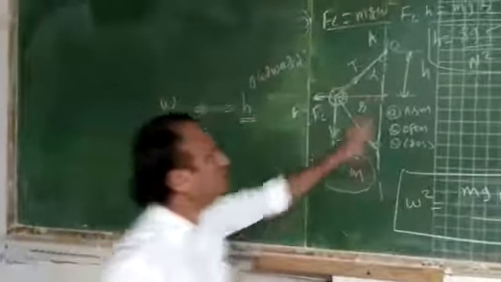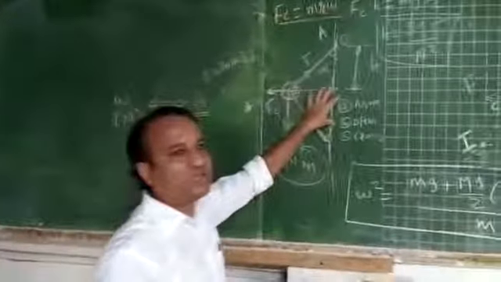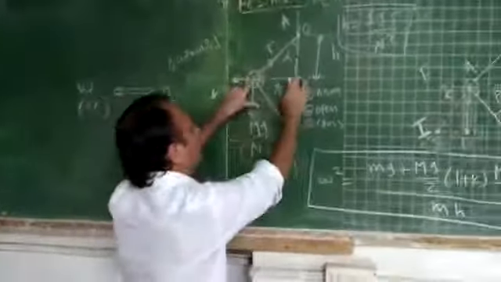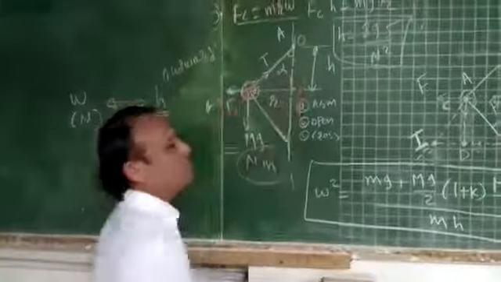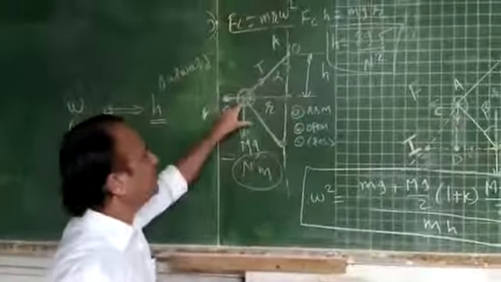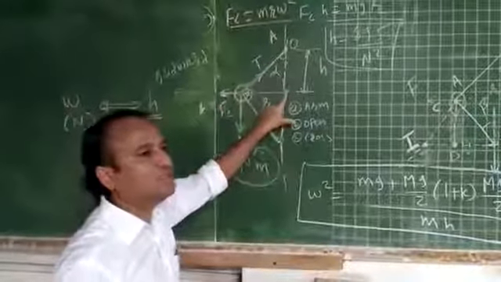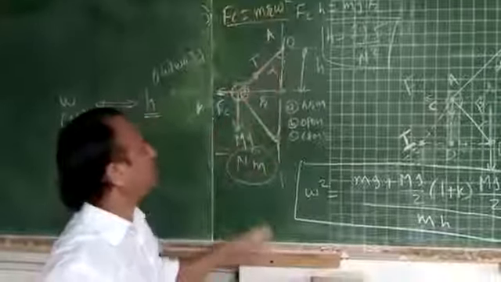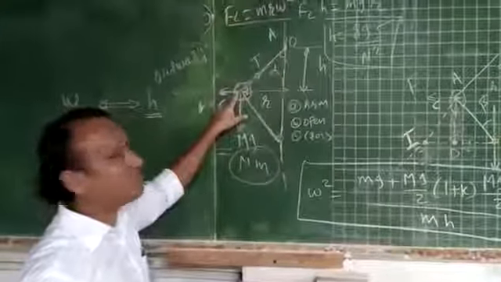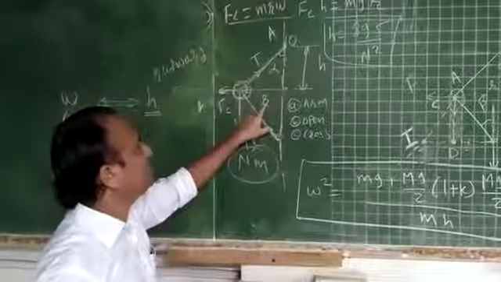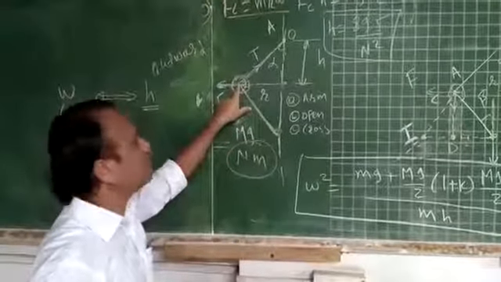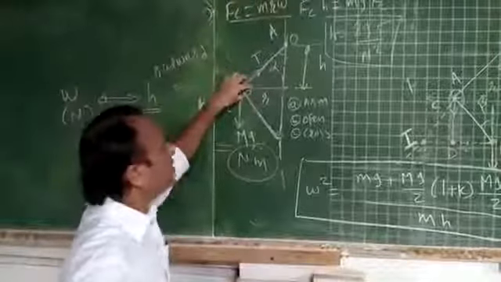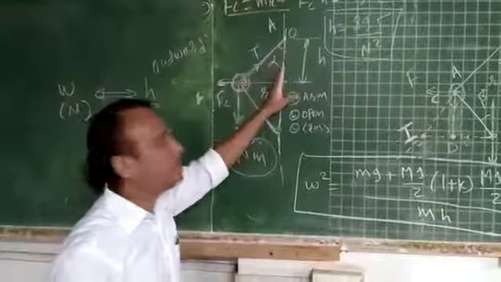Now the important terminology of governor we will discuss. Radius of governor, it is the distance between center of governor ball and axis of spindle.